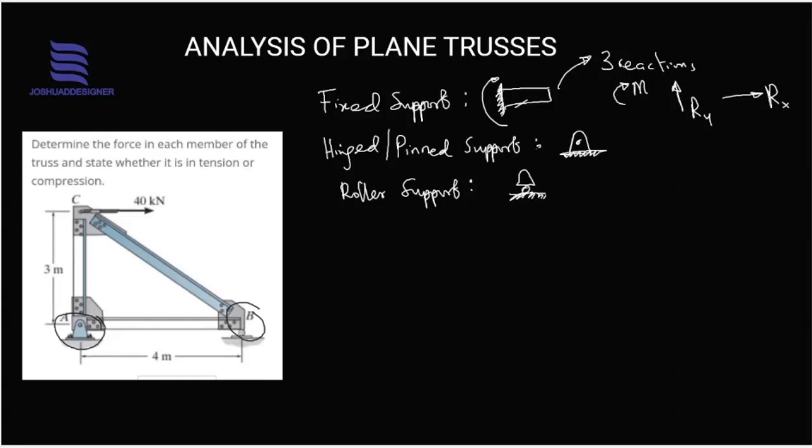For the hinged or pin support, there are two reactions. The first will be the vertical reaction, and the second will be the horizontal reaction. For roller support, we have one reaction, and that will be the vertical reaction.